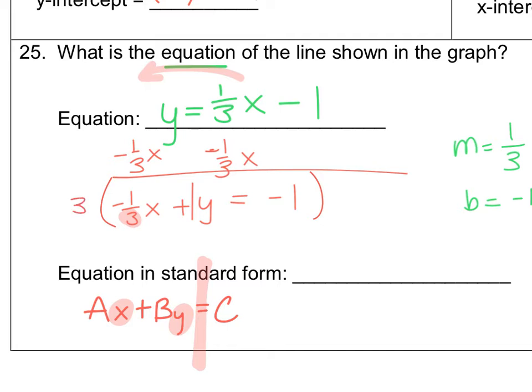Now here you can multiply by 3 or -3. They would do the same exact thing. But when I multiply with this +3, I would get -1x plus 3y equals -3. Because again, I'm multiplying each and every one by 3.